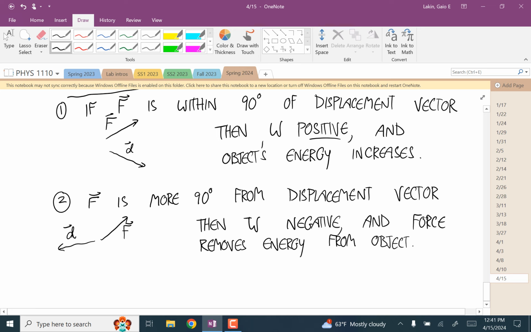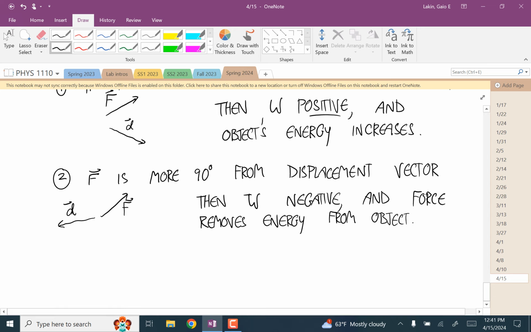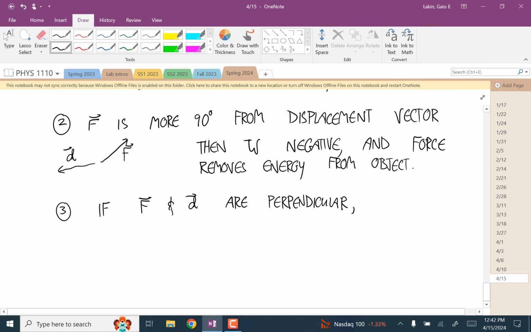There's one more case. What do you think that's going to be? If it's exactly 90 degrees apart, if they're exactly perpendicular. So if F and D are perpendicular, then the force causes no change in energy.